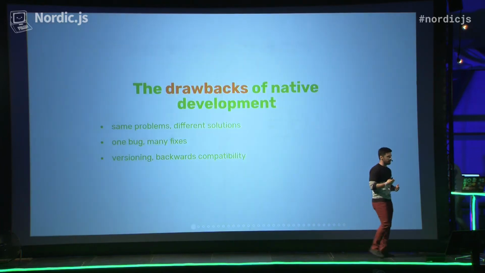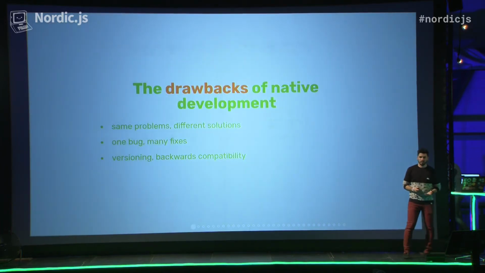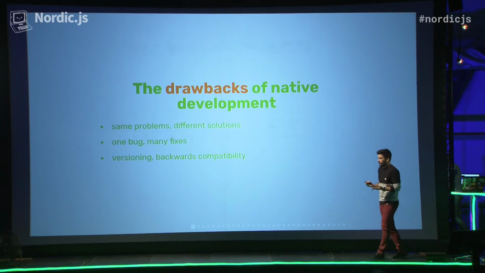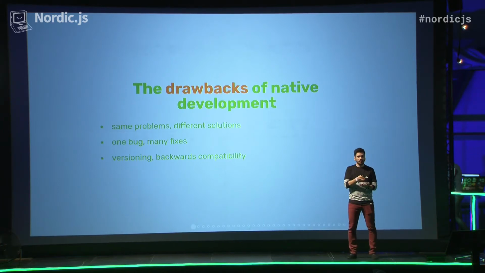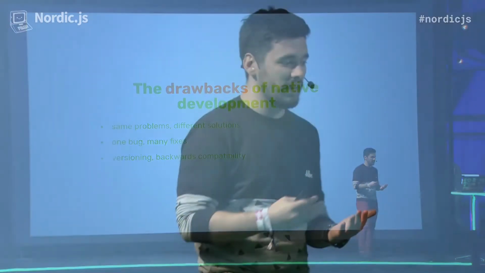On the other hand, if you're going with the native approach, there are also problems. The biggest one being that you're solving the same problem a few times in different places. What this means is you have different solutions, because you're going to write the same code with different technologies on different stacks. And this could result in situations when you have a bug that's present in all of your platforms, but you have to solve it in different ways on each and every platform.